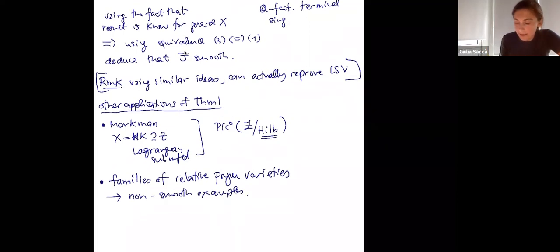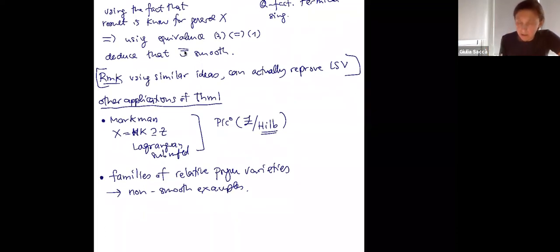But in fact, a good thing about this is that you don't get smooth examples, but you may get irreducible holomorphic symplectic varieties.